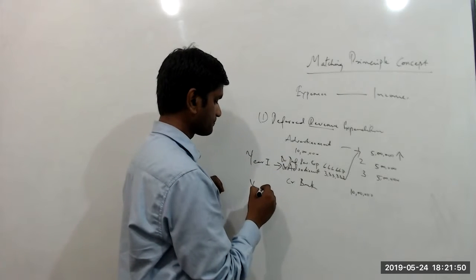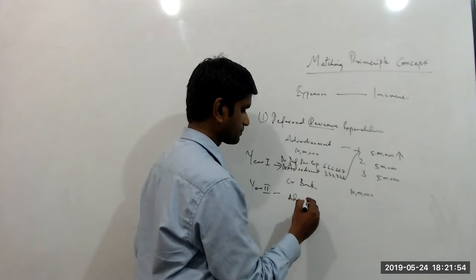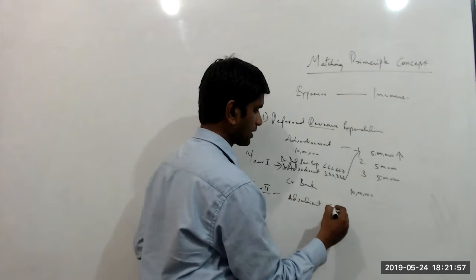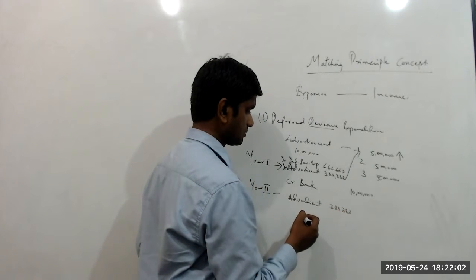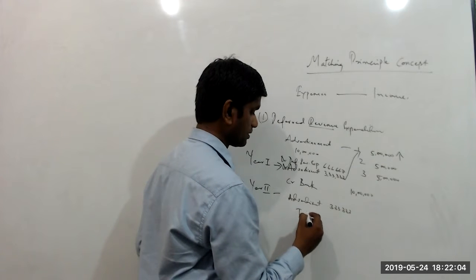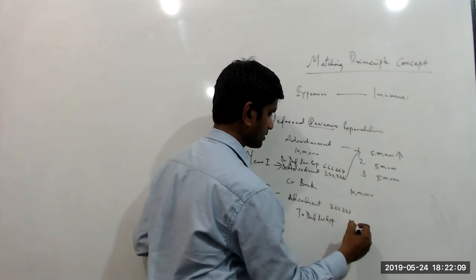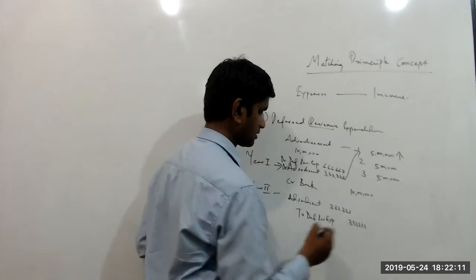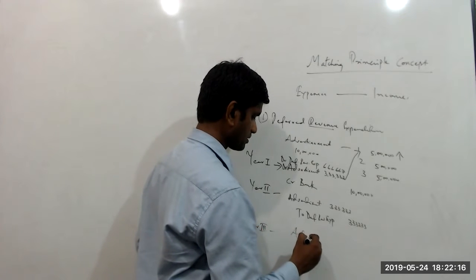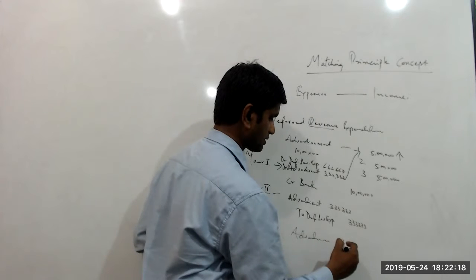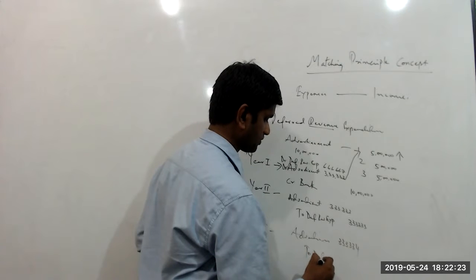In year two, you are going to pass an entry: advertisement debit 3,33,333, to deferred revenue expenditure 3,33,333. In year three, you are going to debit advertisement again for 3,33,334 to deferred revenue expenditure.